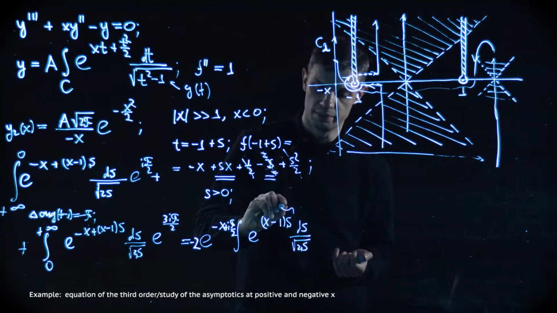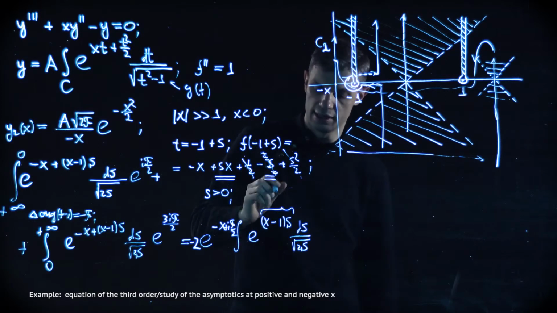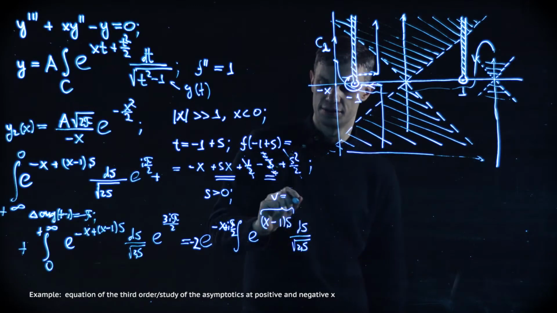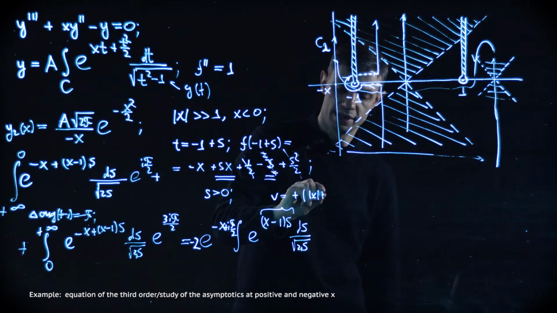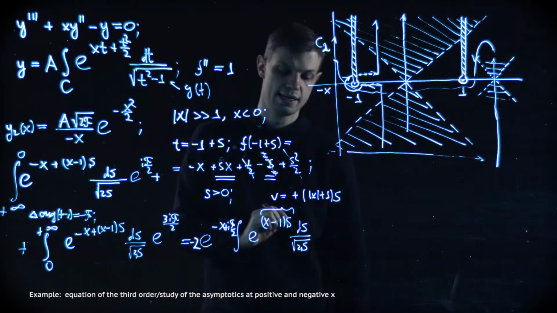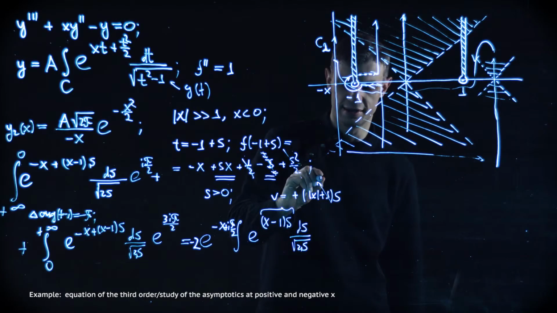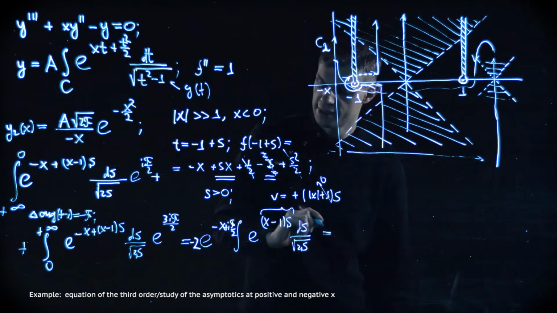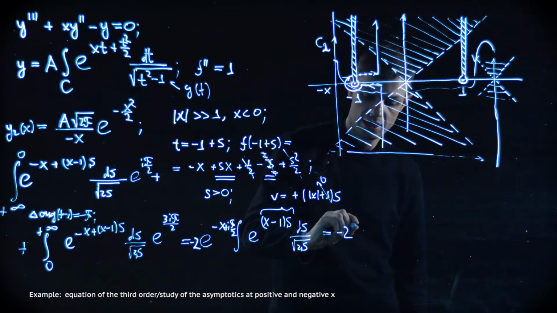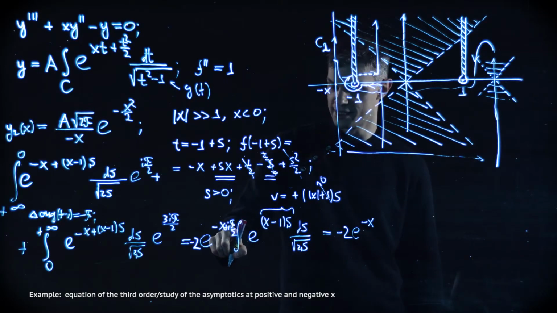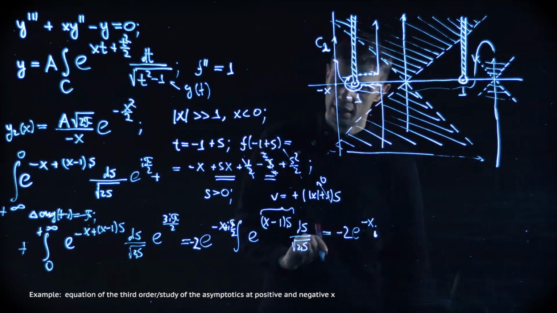So now we may make another change of variables. Say v is equal to, okay, so x is negative, keep in mind. So v is equal to plus modulus of (x plus 1) times s. And well, since x is large, we can discard these ones. So the answer is minus 2 e to minus x times i plus i pi by 2, so it's i. And here we go.